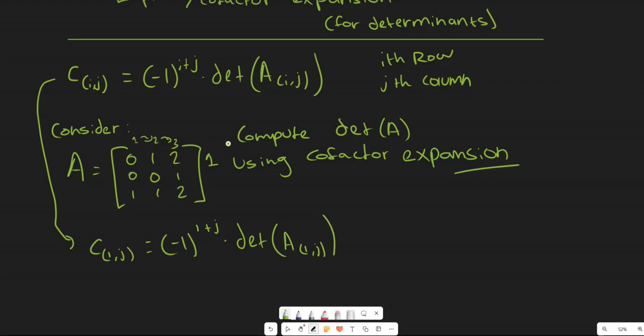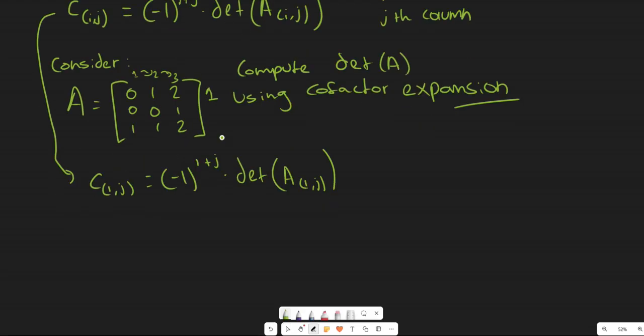Now the next step is, let's imagine we block out this entire row and this entire column.